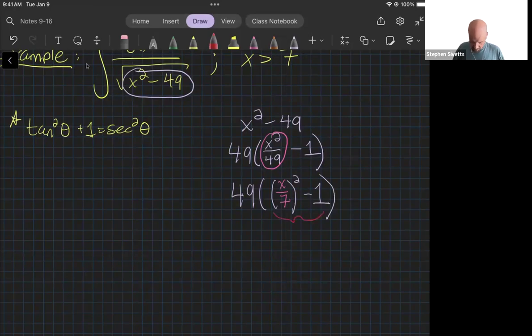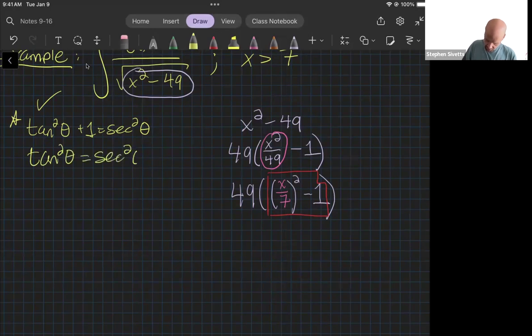So let's actually save this quantity here inside the parentheses. Because on this side here, if I solve for tangent squared of theta, this equals secant squared of theta minus 1, right? As you can see, we have a secant squared of theta.